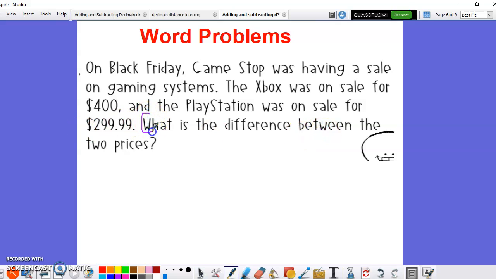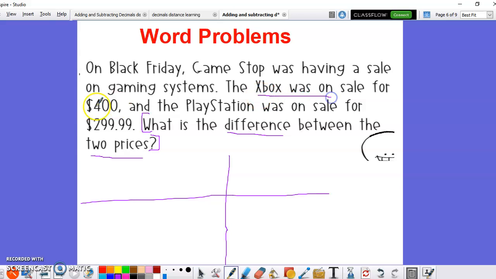So I'm going to put my question here, box it in, and I'm looking for the difference between the two prices. Well, I know that difference means that I'm going to subtract, and the two prices that I have are for the Xbox, which was $400, and the PlayStation, which was $299.99.